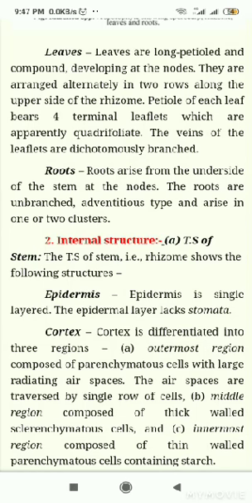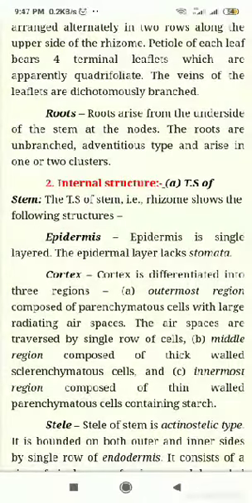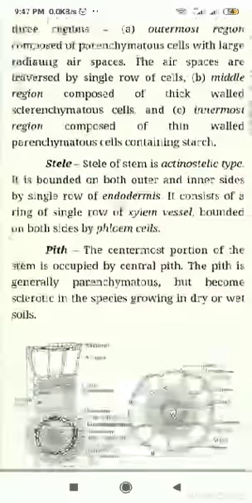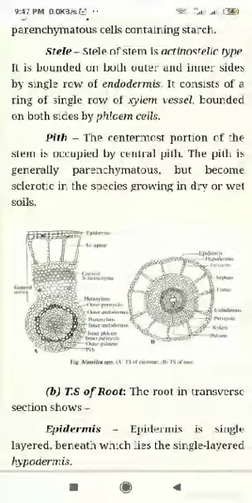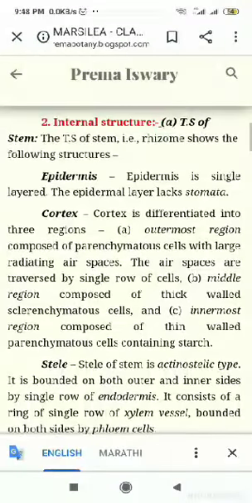Then we see the stem, and when we take a transverse section of the stem, at that time we see such a type of structure. One by one we will learn the anatomical construction of the TS of stem.